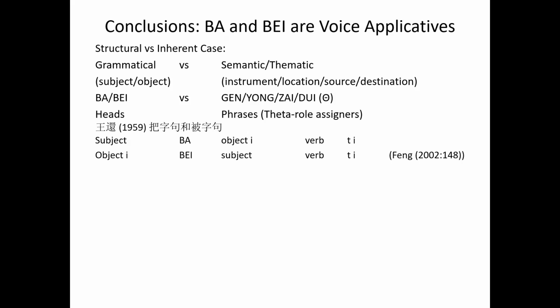So the object is proposed to after bar. With Bei, what we have is object, bei, subject, verb, trace, where the object is proposed to before Bei. Ba and Bei are similar, and they both entail object proposing, but they also seem to be mirror images. They're symmetrically opposite in the placement of the subject and the object.